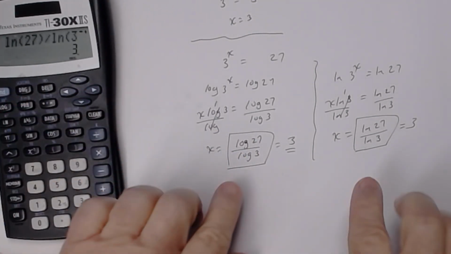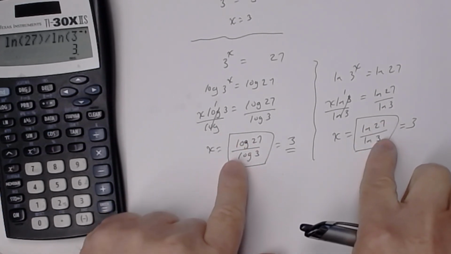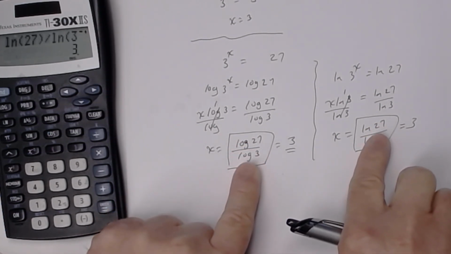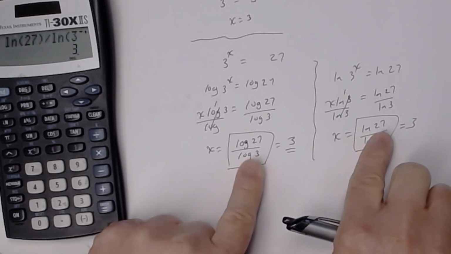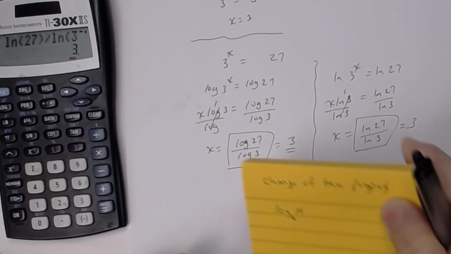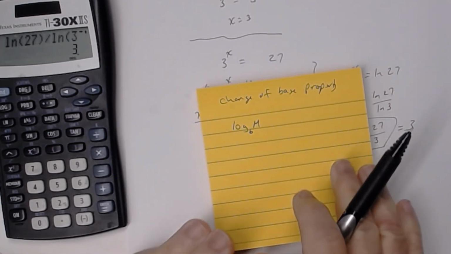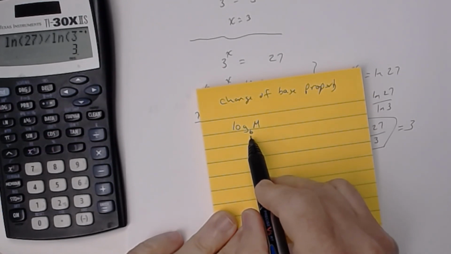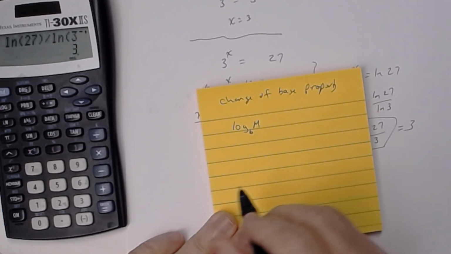And the reason why those are equivalent, by the way, has to do with the base change property, or your base change formula. So remember, the base change formula, if you recall, said this. If I have the log of m base b, I can change the base to any other base I want to.